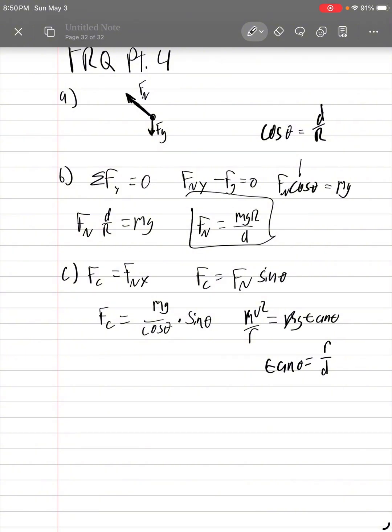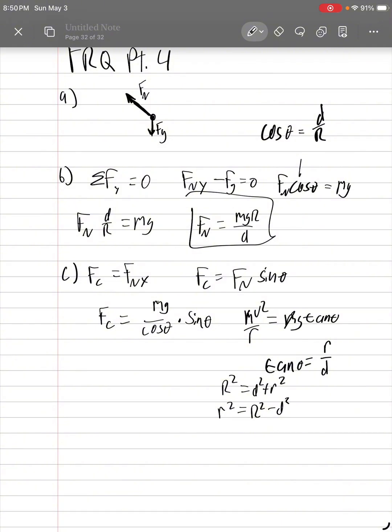And we also know that R squared is equal to d squared plus r squared, due to Pythagoras' theorem. So we can just use algebra and have little r squared is equal to big R squared minus d squared, because we're going to use this.